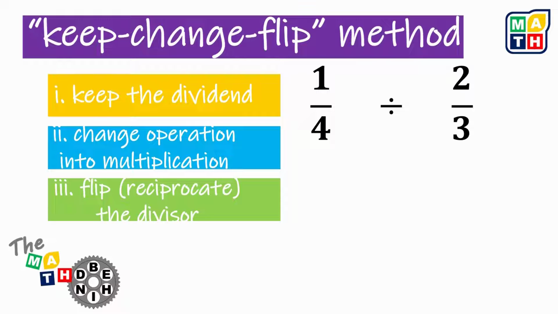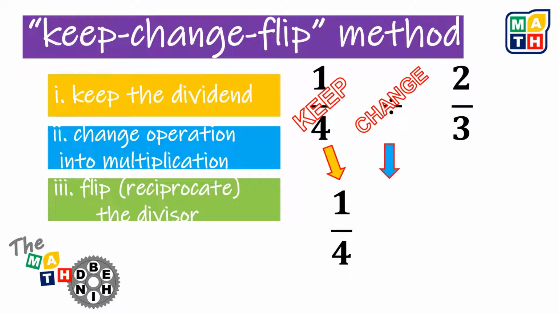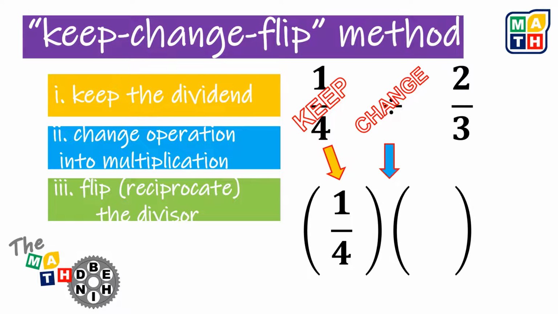First, let us keep whatever the dividend is. In short, let us still use 1/4. Next, we are going to change the operation into multiplication. Hence, we will have this expression. Take note that when we write expressions side by side using parentheses, that's automatically multiplication.